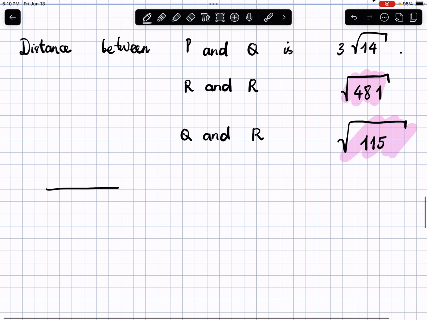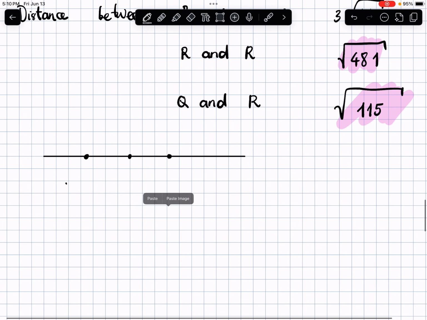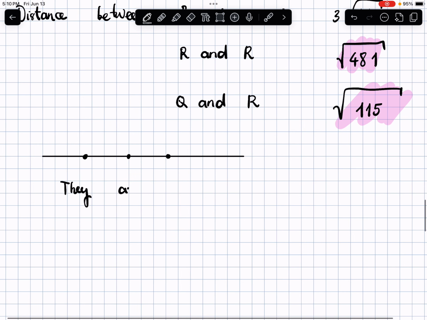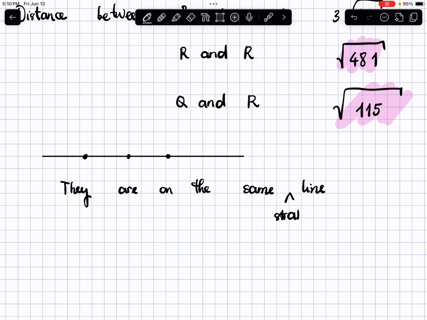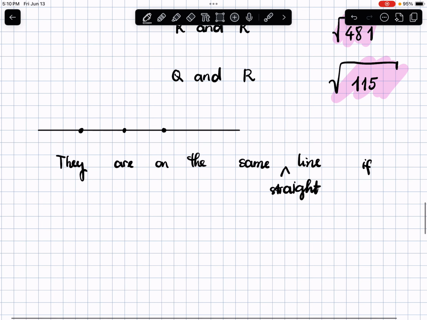So we need to check whether they are on the same straight line. If the sum of the two smaller distances equals the biggest one, right?